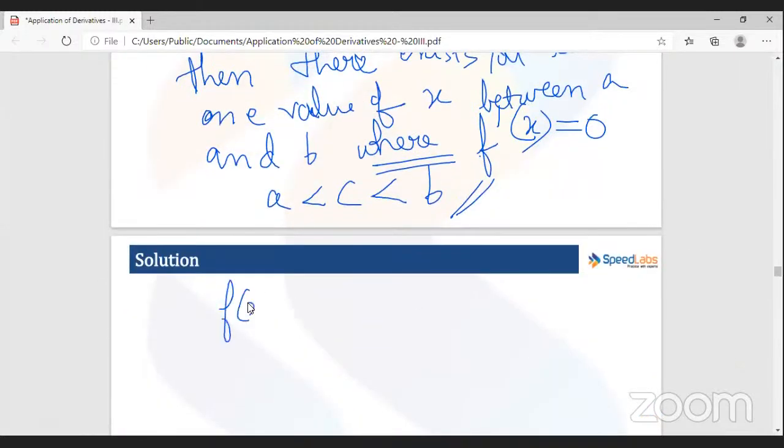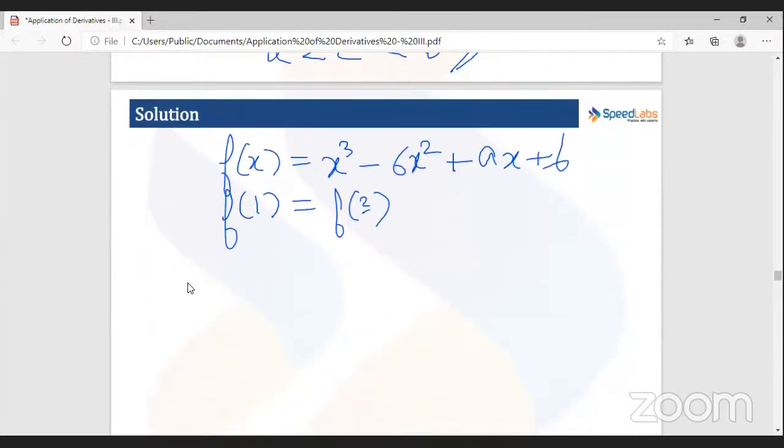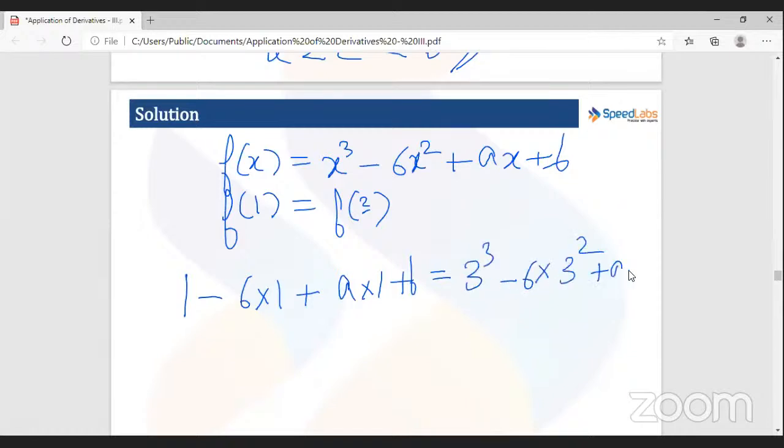So f(x) was x cubed minus 6x squared plus ax plus b. Now f(1) is equal to f(3) as Rolle's theorem is applicable here. So 1 minus 6 into 1 plus a into 1 plus b equals 3 cube minus 6 into 3 square plus a into 3 plus b.